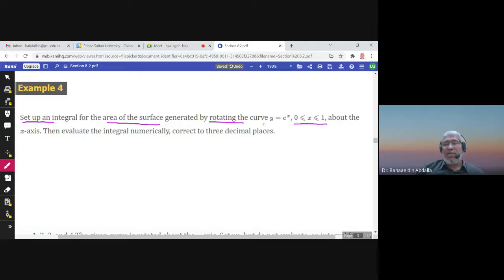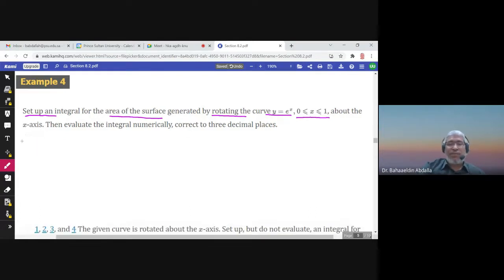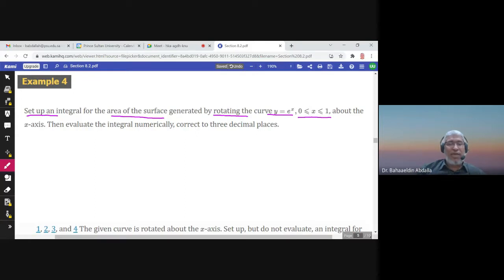Generated by rotating this curve y equals e to the x, x from 0 to 1 about the x-axis. Well, about the x-axis, immediately I can say that s equals integral 2 pi y ds.